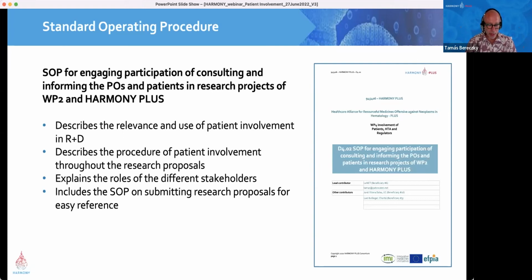For those who are part of the Harmony consortium or Harmony Alliance and have access to the internal document repository, you can download this standard operating procedure from there. And I will show you in a second the simplified version and description of the SOP, which will also be available on the website, or maybe it has already been uploaded by Ellen. I'm not quite sure, but that's going to be there shortly.